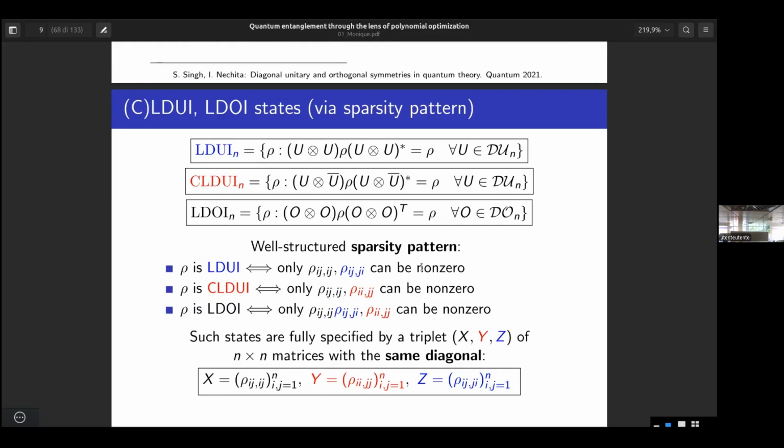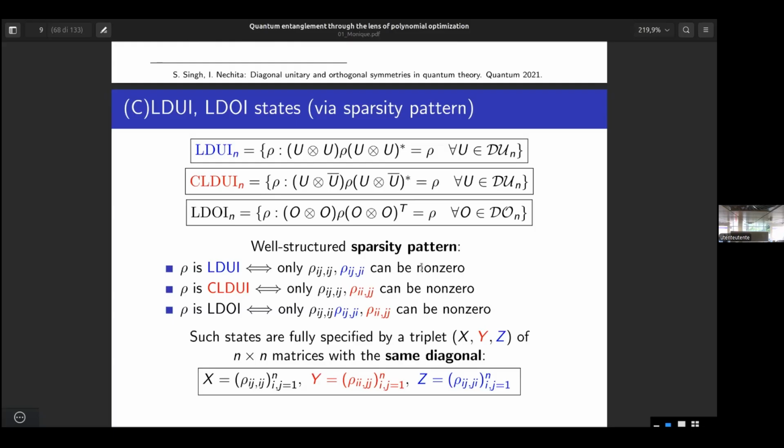Those states are of size n squared by n squared, but in fact they are specified by 3 matrices of size n by n because of the sparsity pattern. There are non-zeros only at those ij, which you plug in this matrix X.